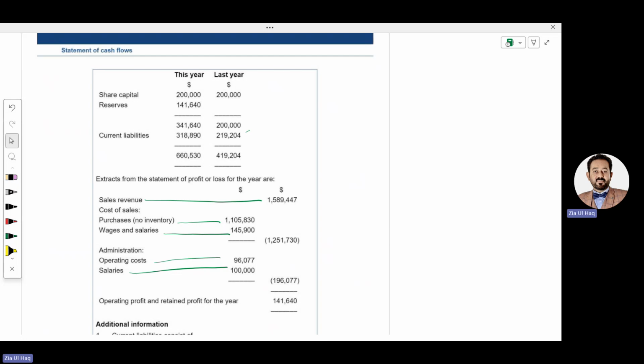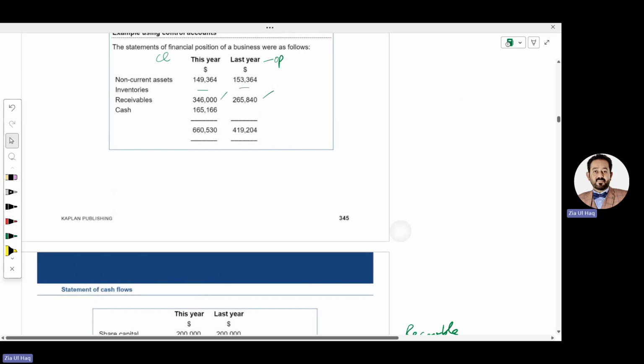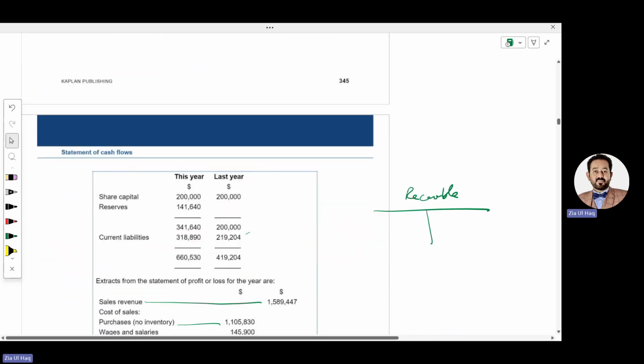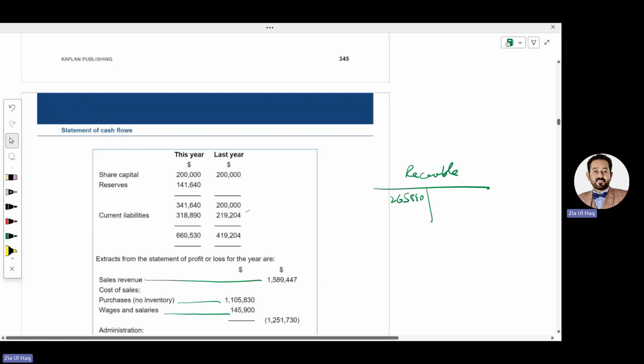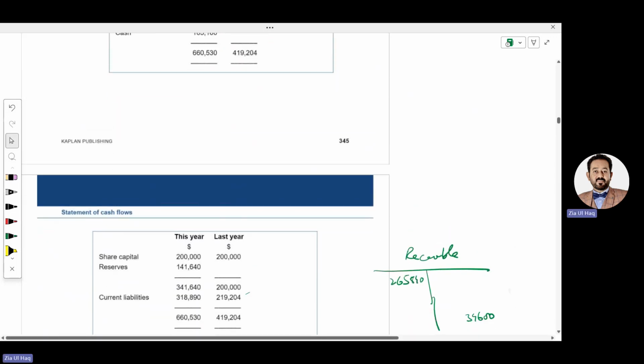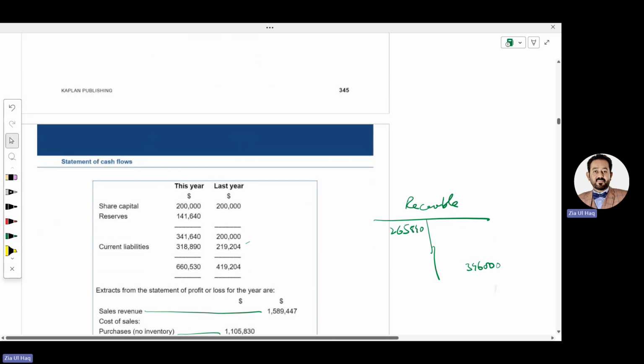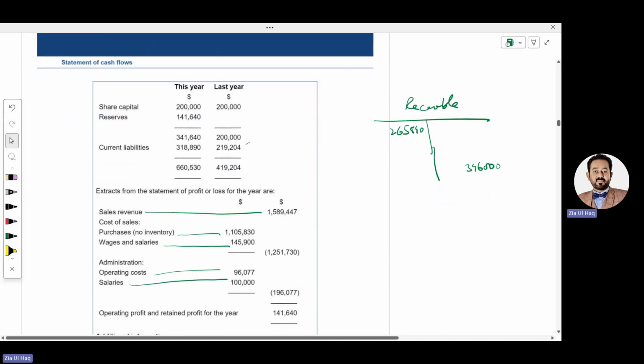For cash received from customers, we need to open the receivable ledger. Is there any opening balance of receivables? Yes, how much? 265,840, and the closing balance is 340,600. Is there any sales figure? Credit sales? Yes, 1,589,447.